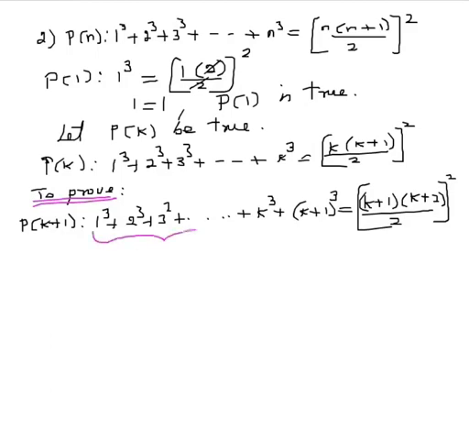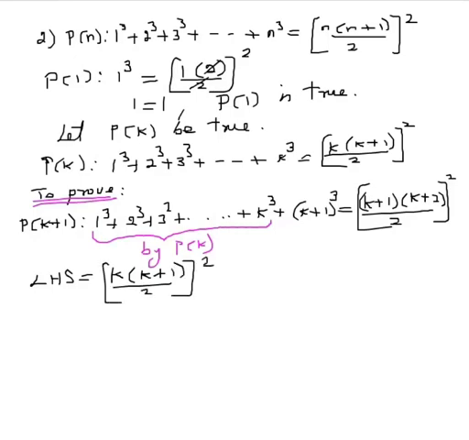Now if you see the left hand side, for the first k terms we know the total by P of k. So let us make use of P of k statement to prove P of k plus 1 statement. So the left hand side becomes, for the first k terms, I can write this, and then k plus 1th term is k plus 1 the whole cube.